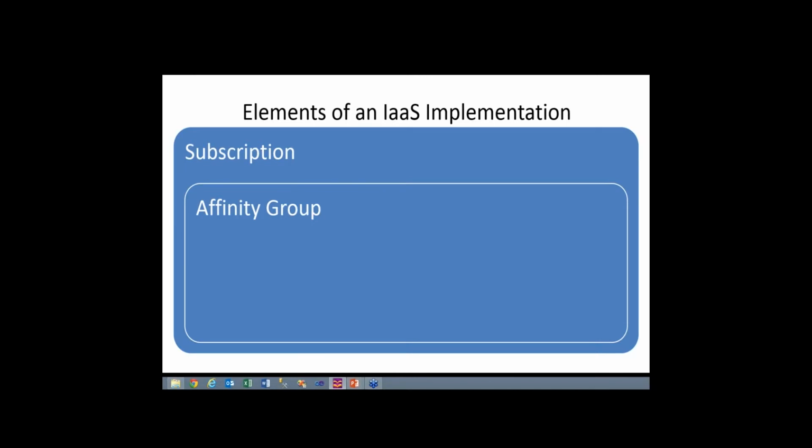When storage and virtual machines are grouped into affinity groups, Azure makes sure that those resources are located close to each other physically in the data center. This helps minimize latency, and it helps improve speed.